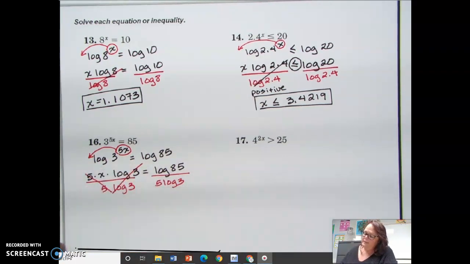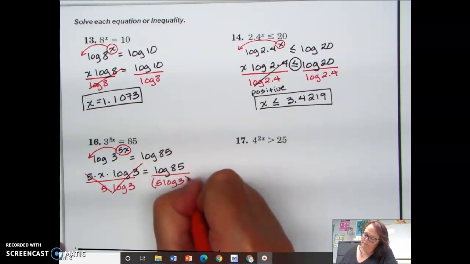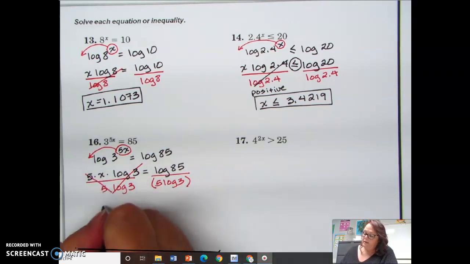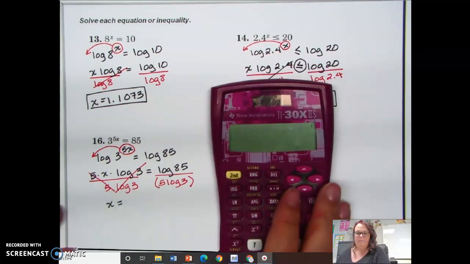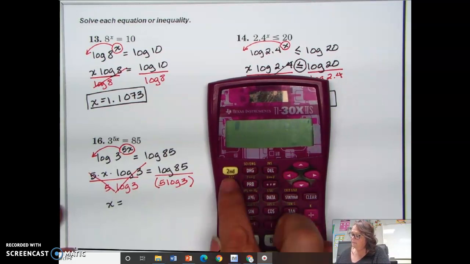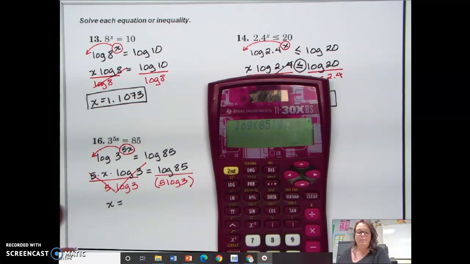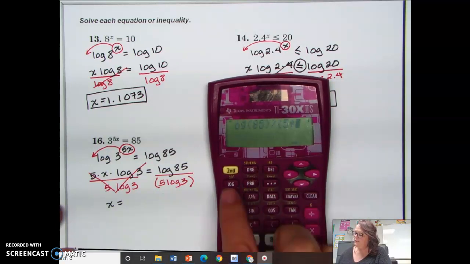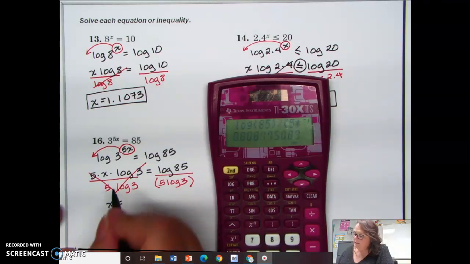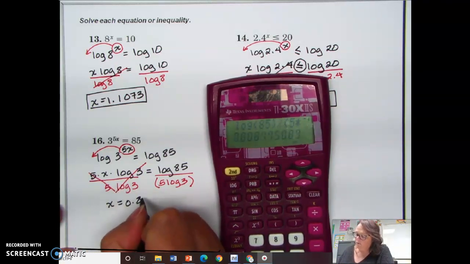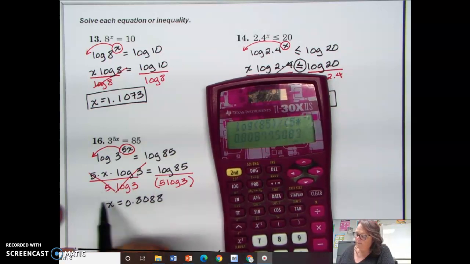And so when I plug this into my calculator, I want to make sure I put parentheses around this as well. So if I have a forward-thinking calculator, I'm going to type in the log of 85 and then close that parenthesis, because I don't want to divide 85, I want to divide the log of 85. And then divide it by parenthesis, 5 times the log of 3, and then close that off, and we get 0.8088, rounding up.